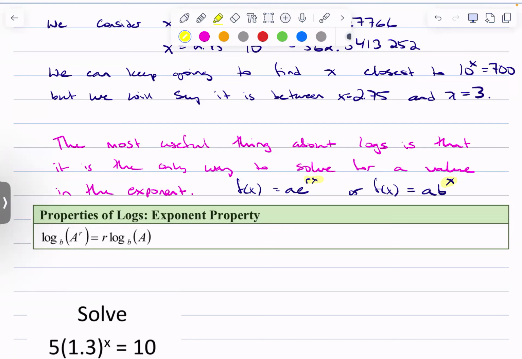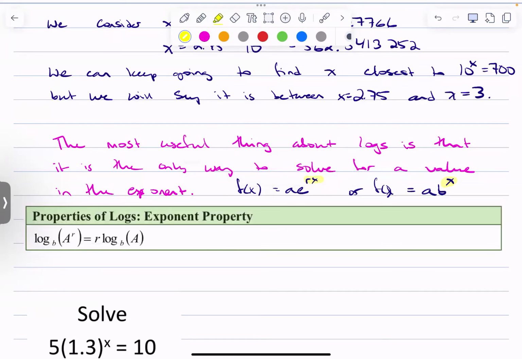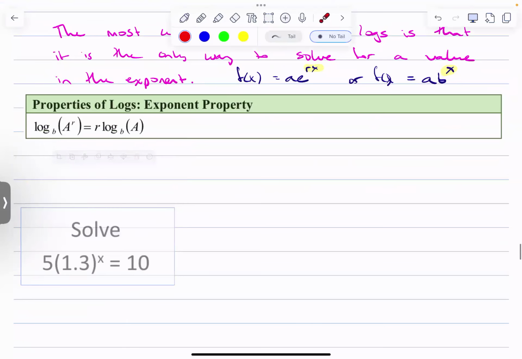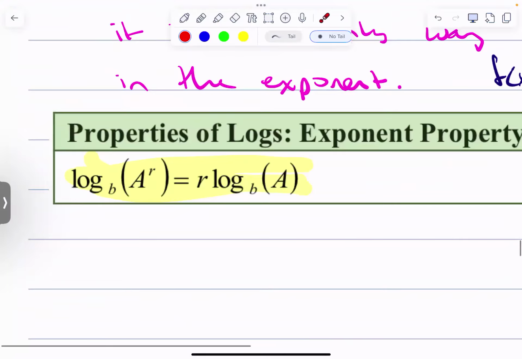Now, that's what the exponent property does for us. So the exponent property is going to be very, very useful. So I'll highlight it and zoom in.